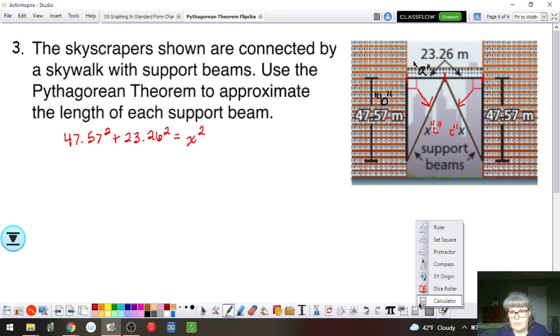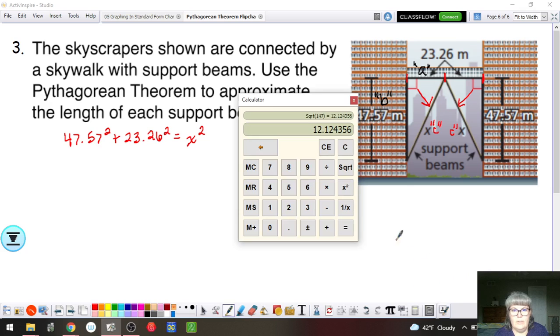Now these are numbers that we would most likely need a calculator for. 47.57 squared, and I'm going to go ahead and round this.